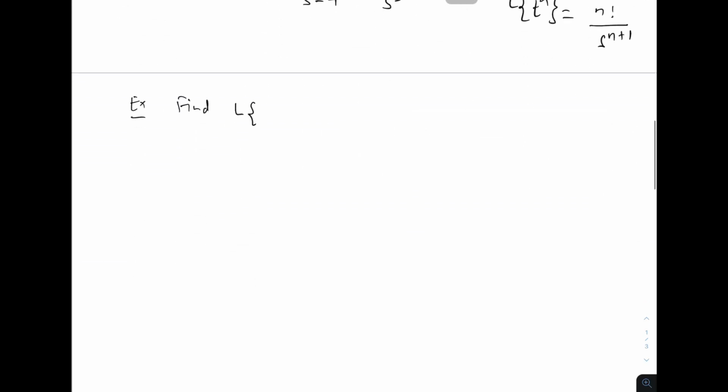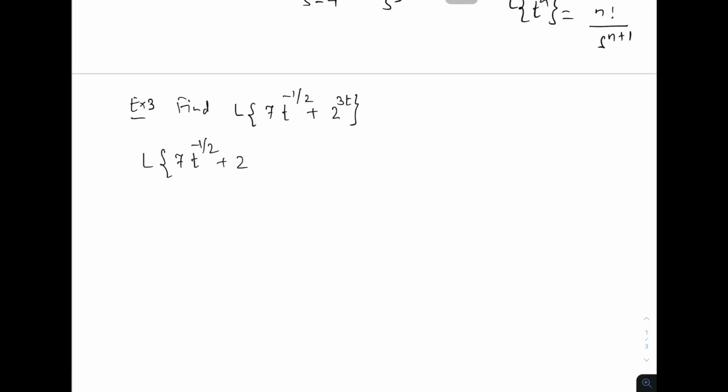Find the Laplace transformation of 7 t to the power minus half plus 2 to the power 3t.